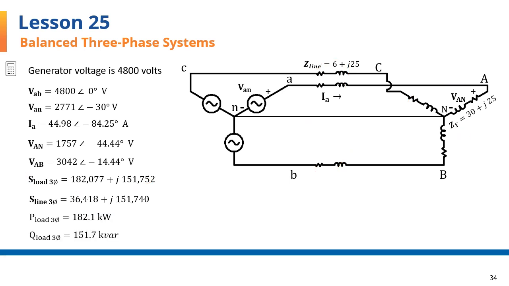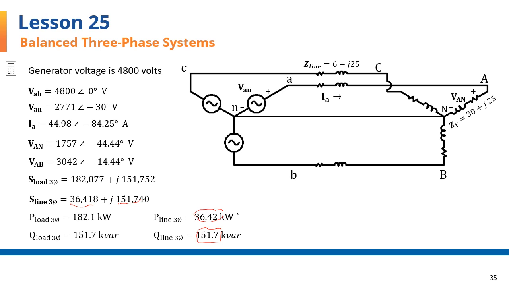For the three-phase load, we have 182.1 kilowatts of power and 151.7 kilovars of reactive power. And for the line, we take them from this line, and they are 36.42 kilowatts of active power loss and 151.7 kilovars of reactive power loss.